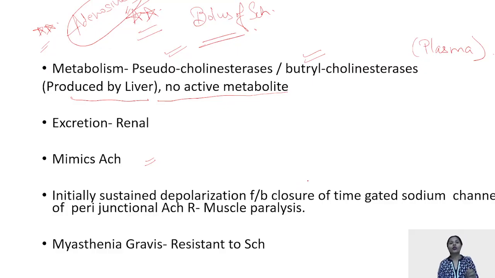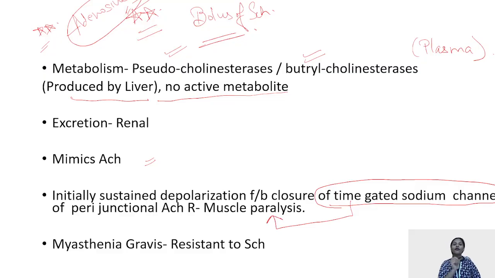Acetylcholine leads to sustained depolarization followed by closure of your time gated sodium channels, which leads to flaccid paralysis eventually. I told you, first we have fasciculations because of the depolarization, followed by the closure of your sodium channels. Which type of sodium channels?